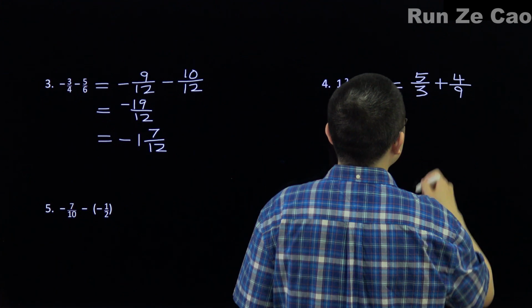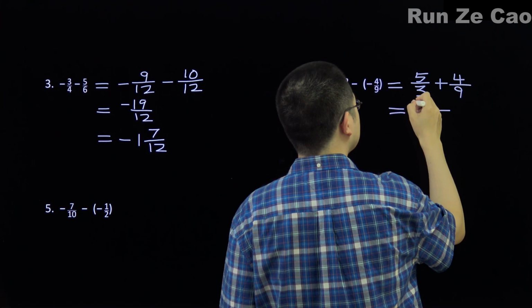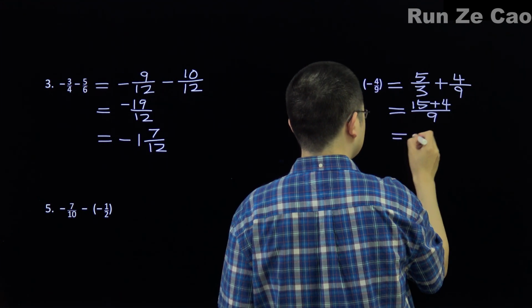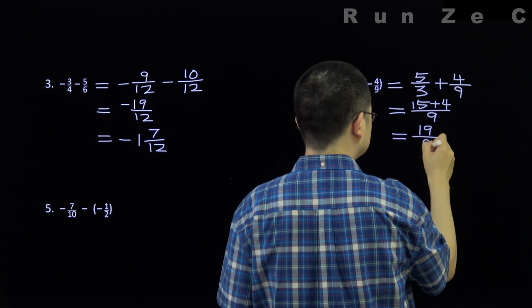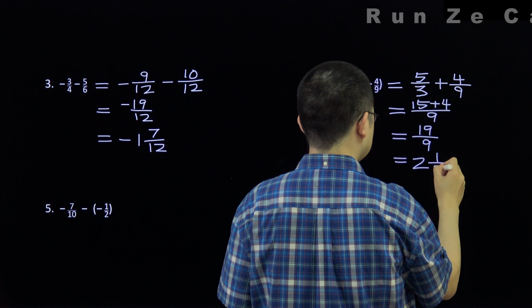So this would give us, out of 9, 15 plus 4. So 19 out of 9, which means 2 and 1/9.